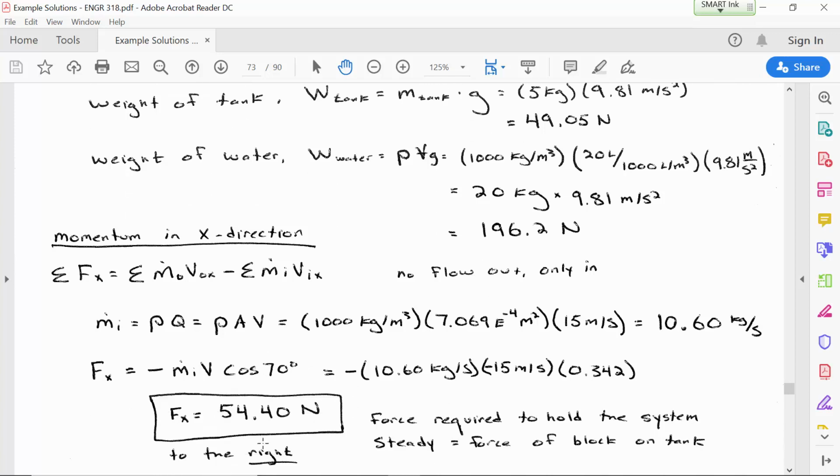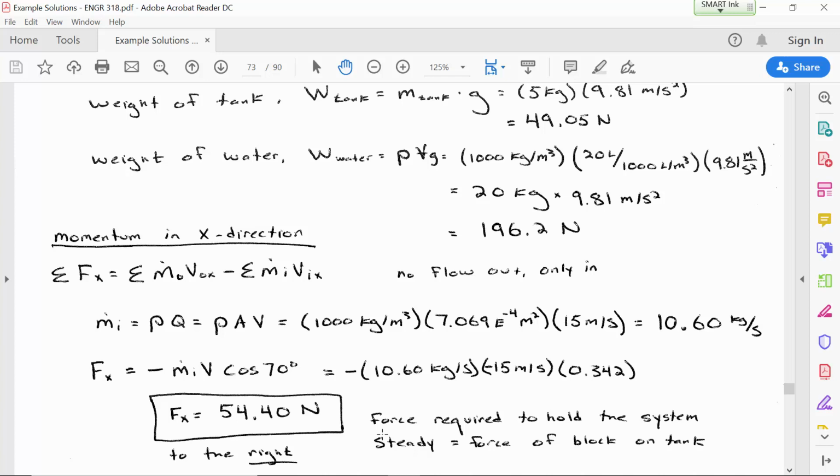Okay, so on momentum problems, it's really important that you bend over backwards to specify the direction and also what you've calculated. So here in words, I'm saying that this is the force required to hold the system steady. And so there's no confusion about whether I thought that was the force of the jet on the tank.